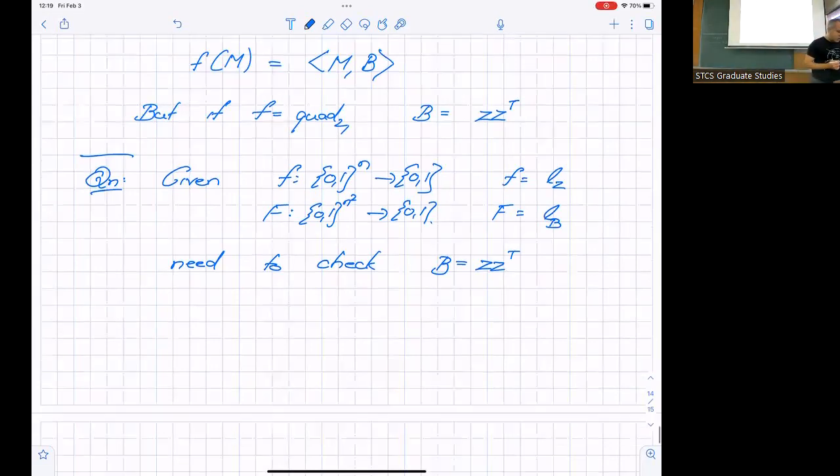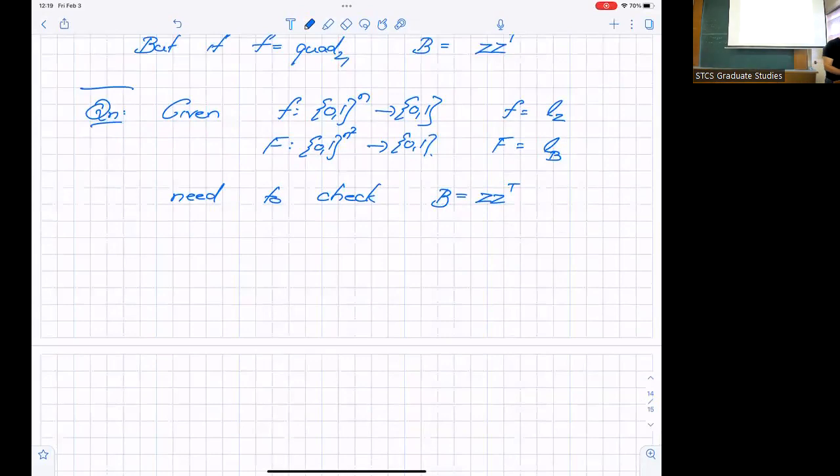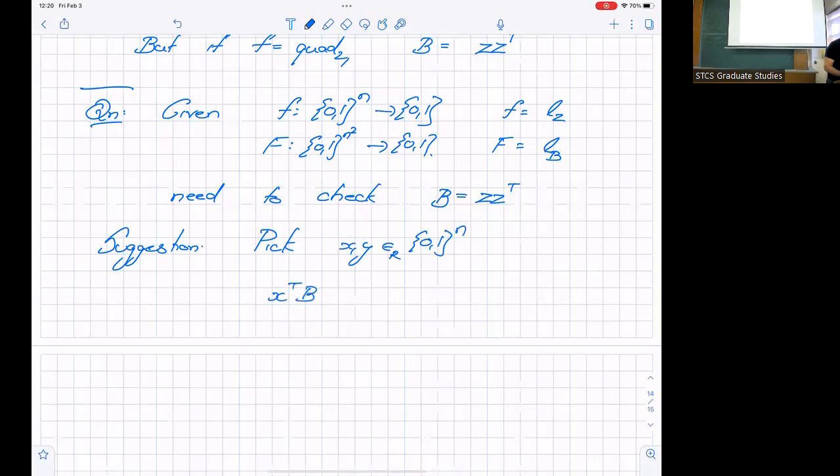But then there's a natural way to look at it. The suggestion is the following: pick x, y at random from {0,1}^n, and let's look at x transpose B y. This should be equal to x transpose Z Z transpose y.